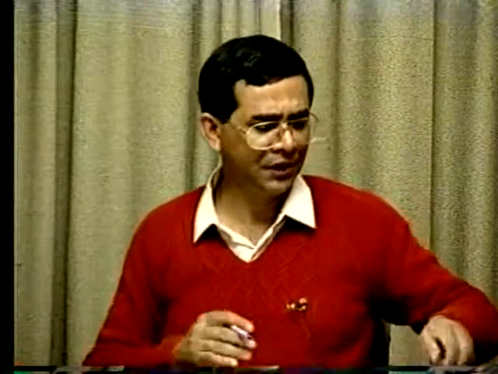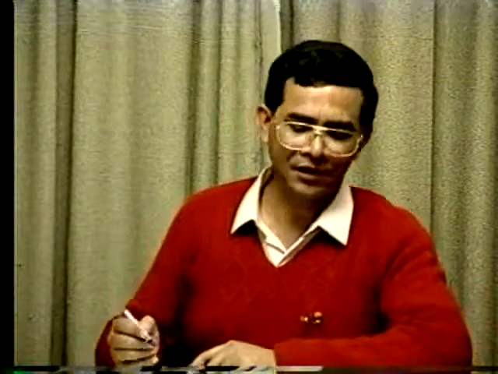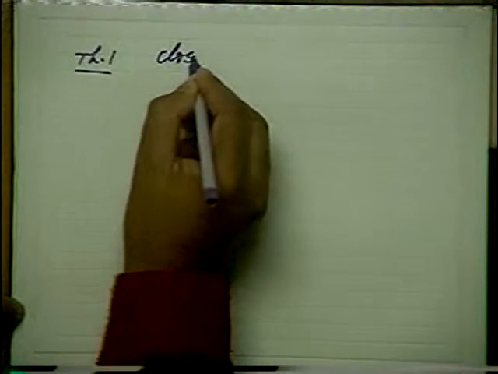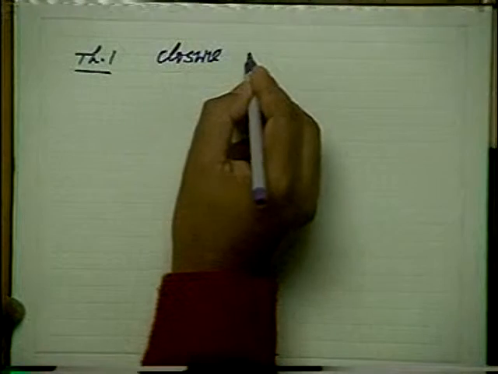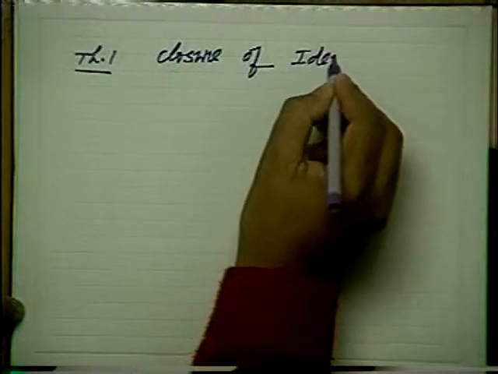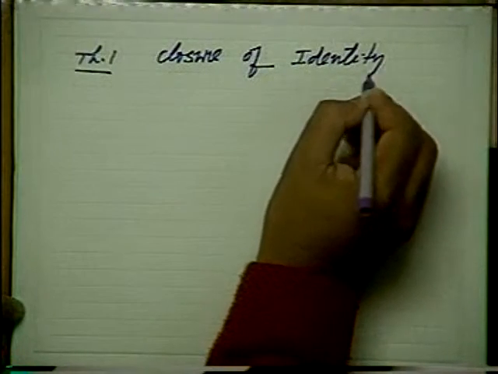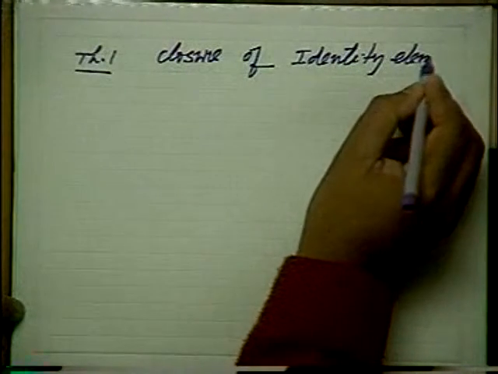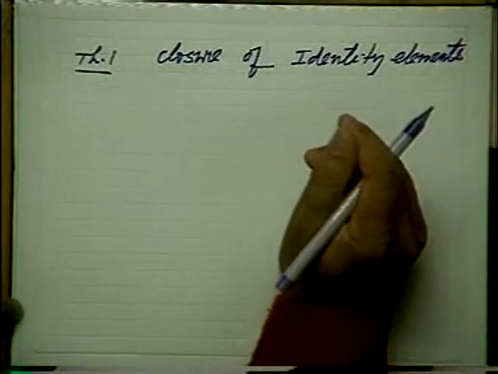So, for example, my first theorem is the closure of identity elements.